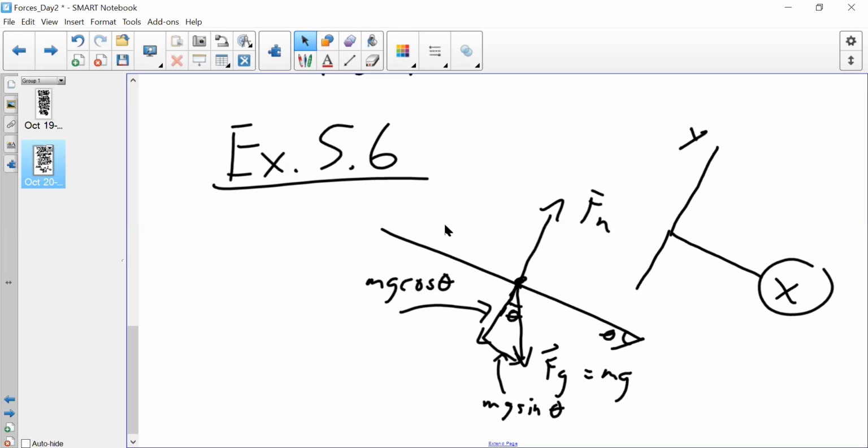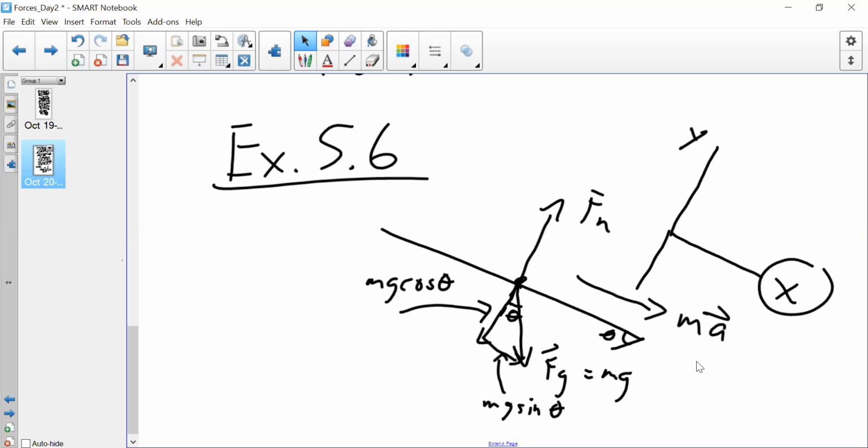Yeah, it'd be kinetic if it was moving, and in this case, it's going to be moving. If it's static, it's not moving, it's static friction. It's always going to go up the ramp, because we're going to assume that it's going down the ramp. So now all these forces together are going to be adding up to make mass times acceleration.